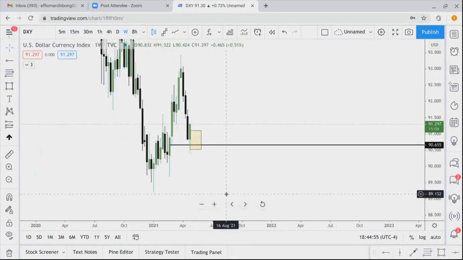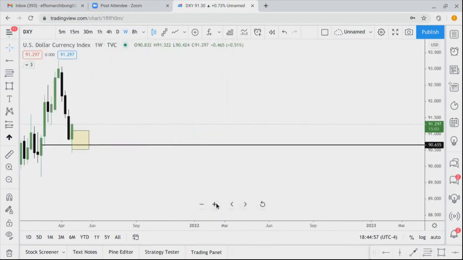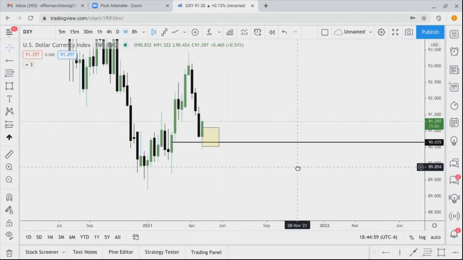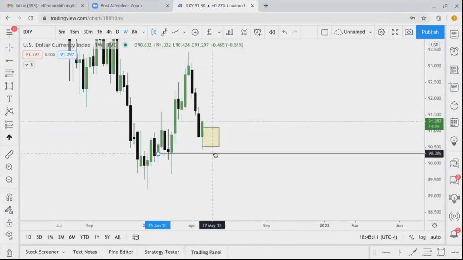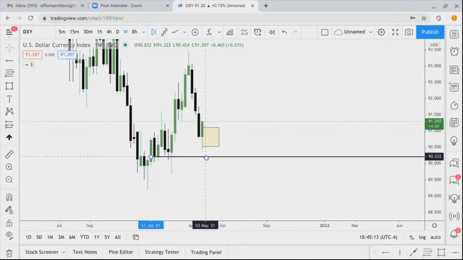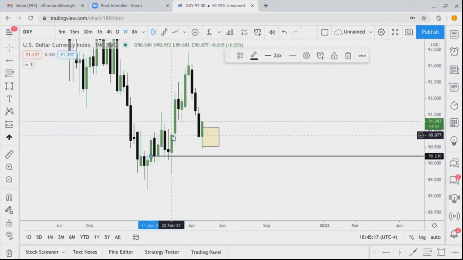It should be a bullish engulfing. Or does DXY not? Anyways, let's put it aside. It should have been, but it wasn't. But that's fine. If you go over to the weekly time frame, now you know your support is going to hold here. Whatever support you had there, you're going to tell me it's going to hold. Now I can agree with you. Why? You have a bullish engulfing here.